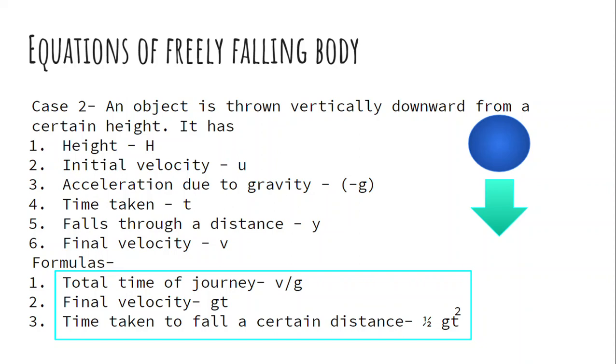The time taken is t, it falls through a distance y, and its final velocity is v. So, the total time of the journey is v by g, final velocity is gt, time taken to fall a certain distance is half gt squared.